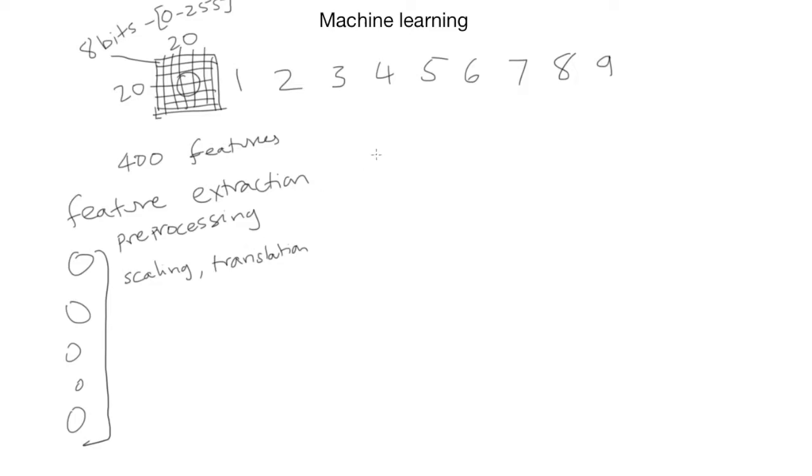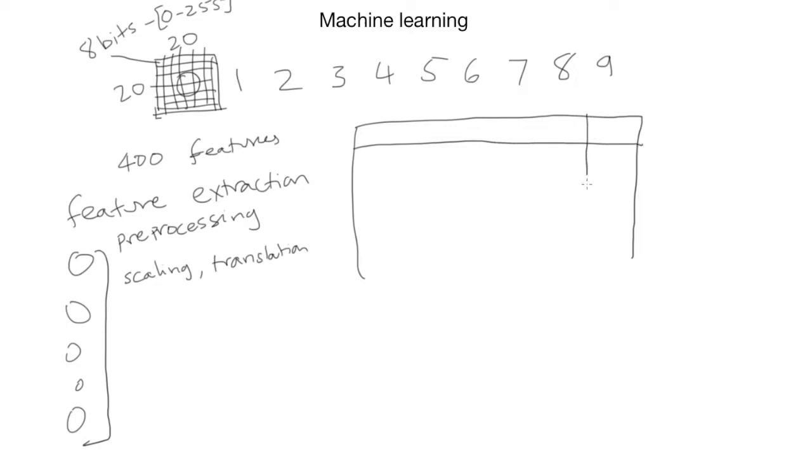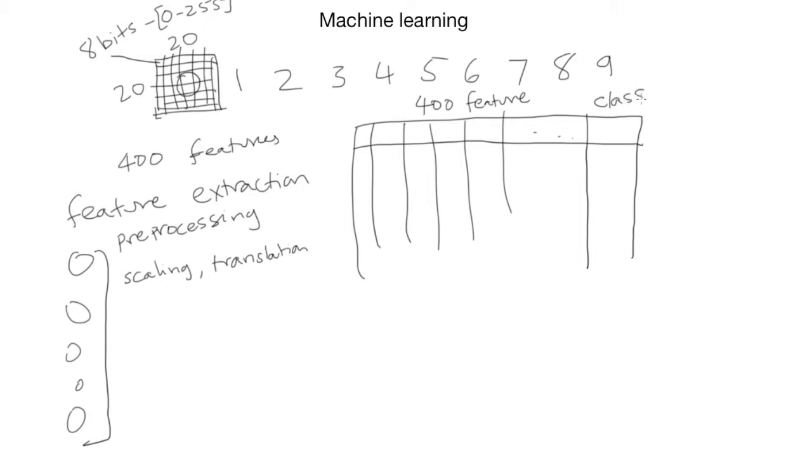So after feature extraction, what we end up having is what is called a training set, which will consist of your 400 features of real valued pixel intensities, and for each set of these features you have a class label that identifies the digit.